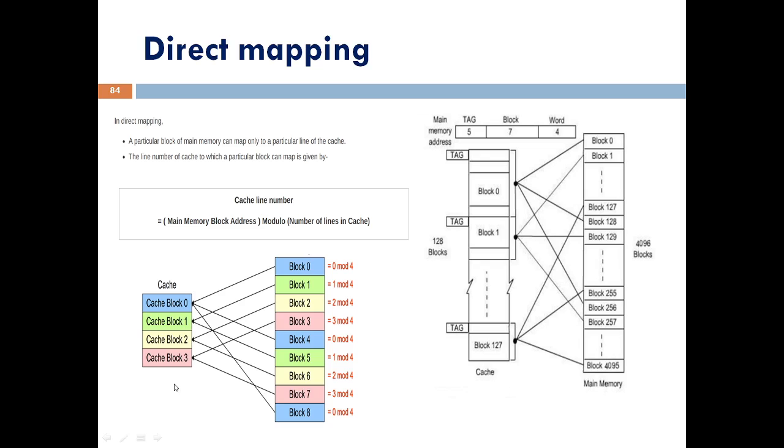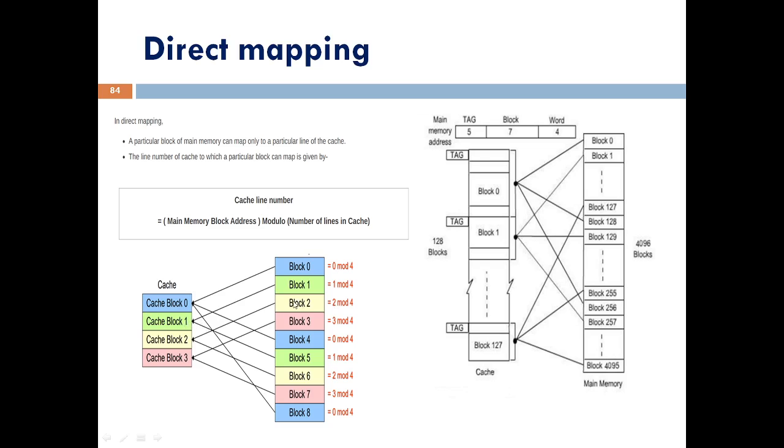In a division operation, the remainder is the answer. Here the remainder is 0, so this block will go to cache block 0. Then 1 mod 4, the remainder will be 1, so block 1 will go to block 1 of the cache.